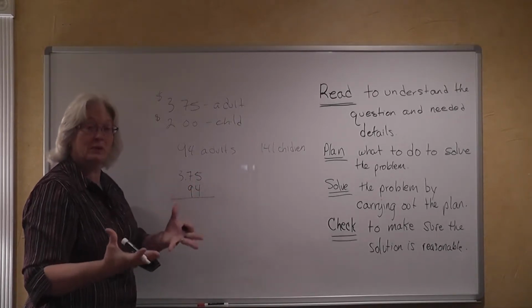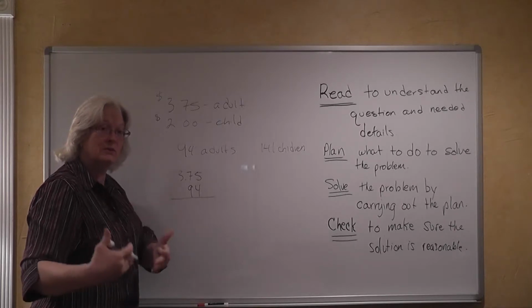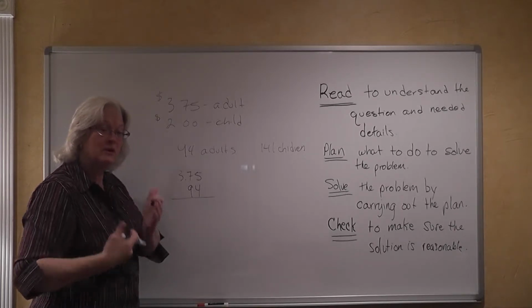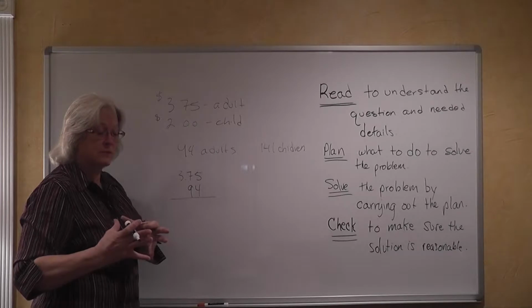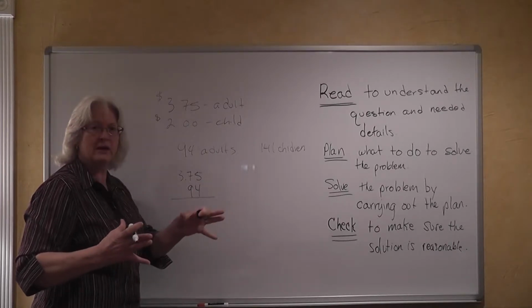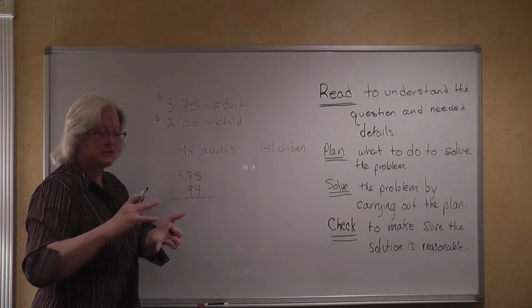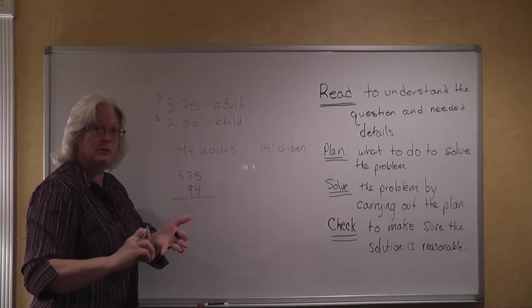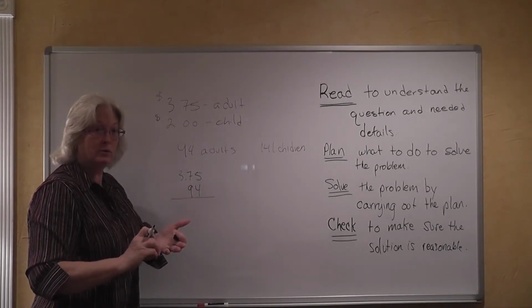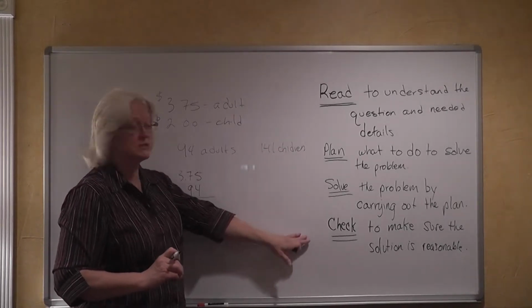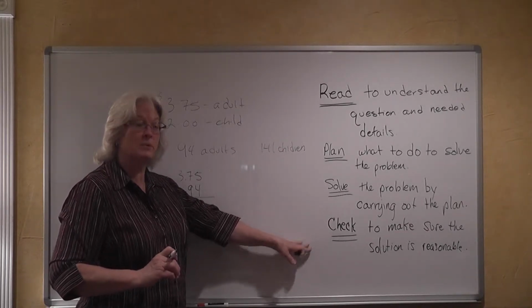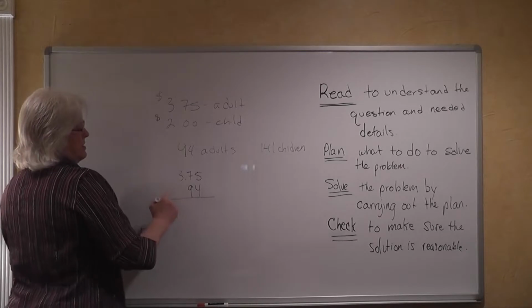I don't like doing multiplication in my head either, but it's a skill that you need to have, because you've got to be able to understand the things that you're punching into your calculator or your computer, or else you're not going to be able to understand if the solution you come up with is reasonable.